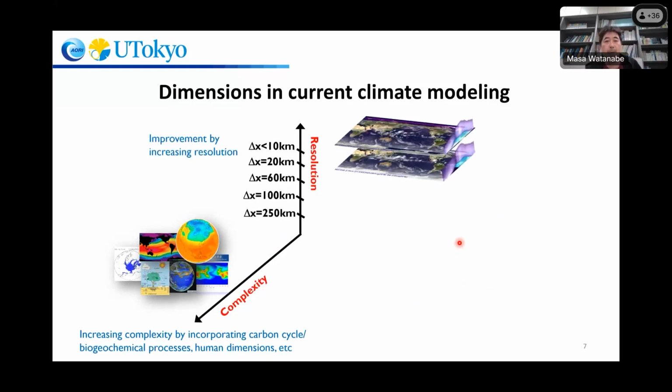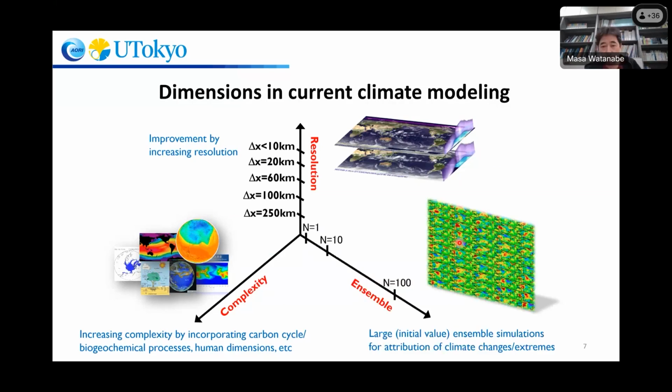The second dimension is to increase horizontal and vertical resolution, which I will come back to later. And the third dimension is to increase the ensemble size, which is quite popular now after CMIP6, I think. By repeating the historical or the scenario experiments with perturbed initial conditions, we could separate the climate change signals from the internal variability much better than the multimodel ensemble.